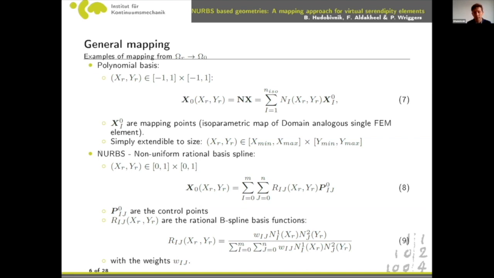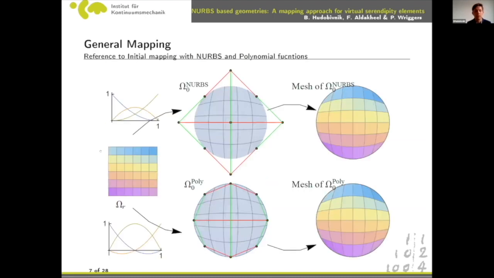These are a bit more complicated to define, but they're used very commonly in 3D generating software and also in isogeometric analysis. Just to show you some examples, we have a square mesh, and we can map it with NURBS, for example, to a perfect disk. And with the polynomial to a disk, but it will not be a perfect disk anymore. And we will focus more on the NURBS in this work.